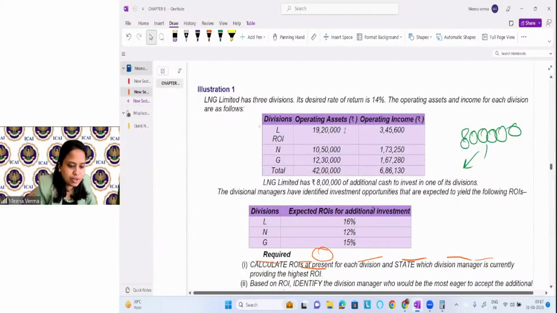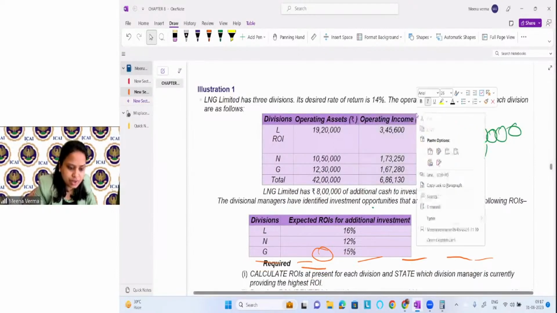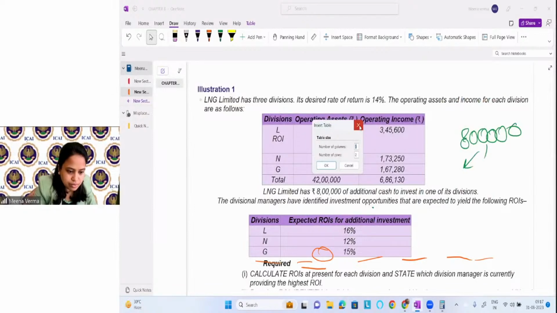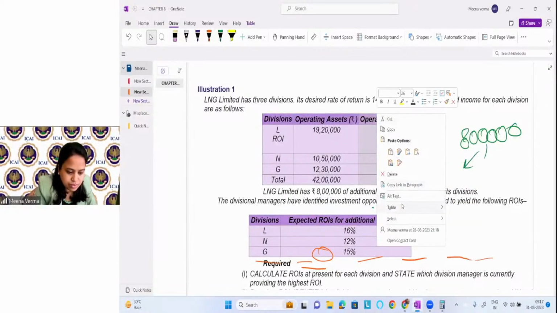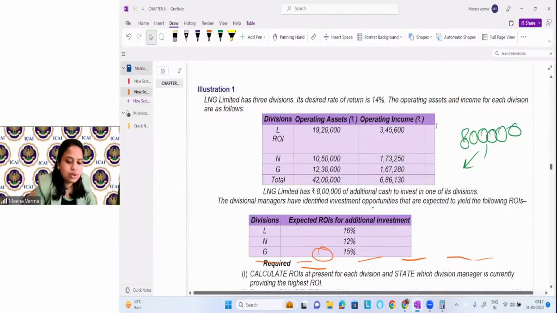So what will be the ROI? Net income divided by total assets will be the ROI here. So just consider the net income and the total assets. I'm just trying to see if I can add one more column. So let's now calculate the return on investment.